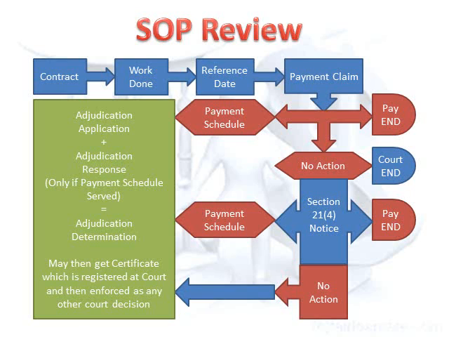The adjudicator has 10 business days from receipt of the adjudication response or the date the response would have been due to make a decision. 13. The adjudicator makes the determination and the client has 5 business days to pay according to the decision. Clearly, if any money is owed.